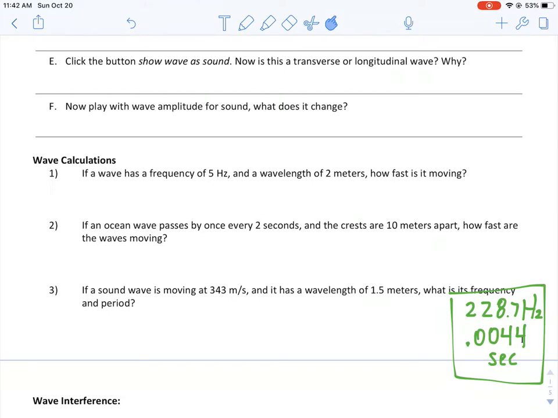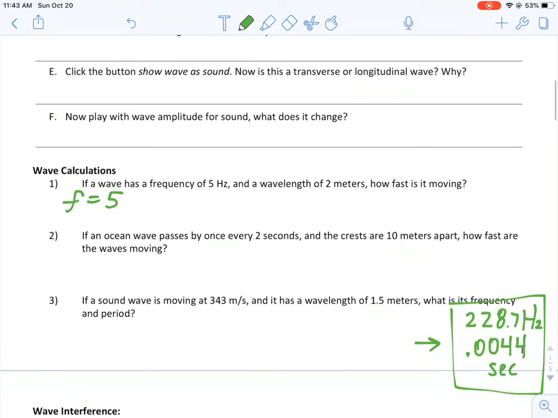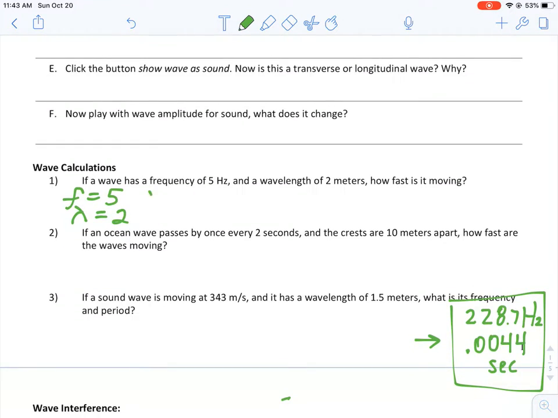If we look at wave calculations, we'll just do number 1 and 2 here together, and 3 has the key answers for you to work on your own. Number 1, if a wave has a frequency of 5 hertz, frequency equals 5, and a wavelength equals 2 meters, how fast is it moving? That's asking for a velocity.